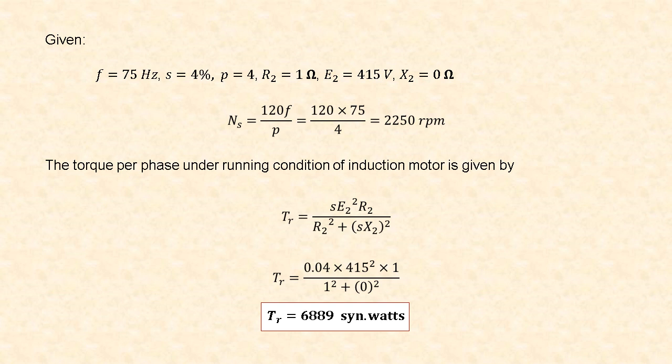S is the slip, R2 is the rotor resistance and X2 is the rotor reactance. Substituting slip as 0.04, E2 as 415 and R2 as 1 ohm and X2 is equal to 0, we have the torque as 6889 synchronous watts.